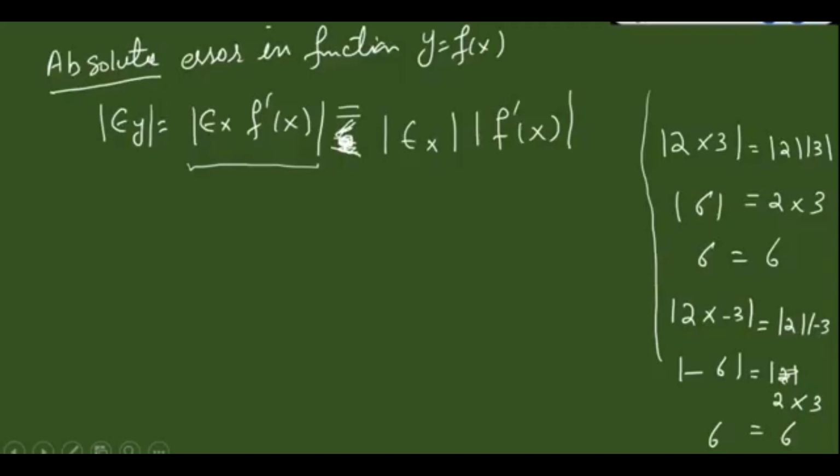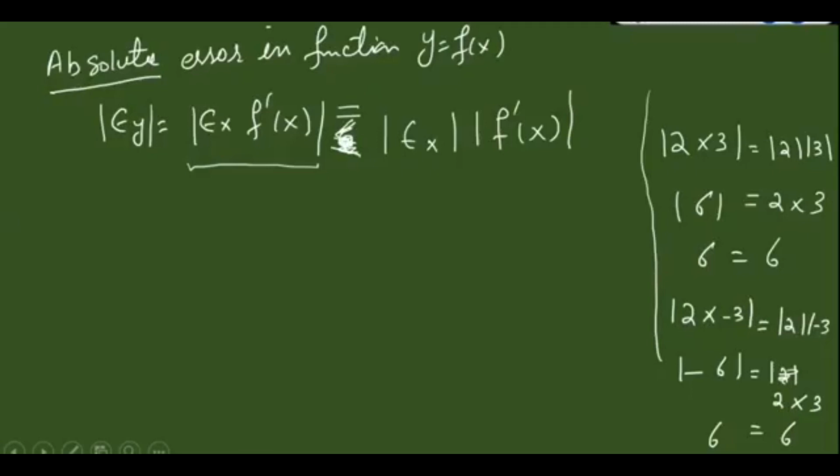So kindly correct this statement: the absolute error in a function y equal to f of x is equal to this quantity. If I ask you to represent the error of a function in the form of absolute error, you just need to take the individual absolute errors and multiply them. So you will get the answer. This is the absolute value.